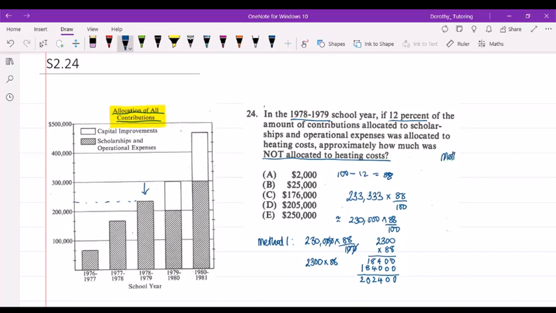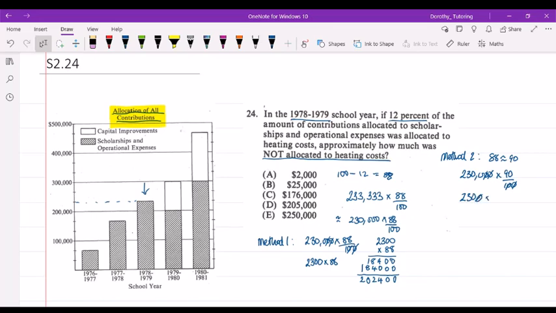Right. Now I know that I slightly underestimated when I went from 233 to 230, so I'm expecting it to be D. Method 2, bring it on. I'm going to say it's 90% now. Righto, over 100. I'm going to divide by 100 because it's easier.